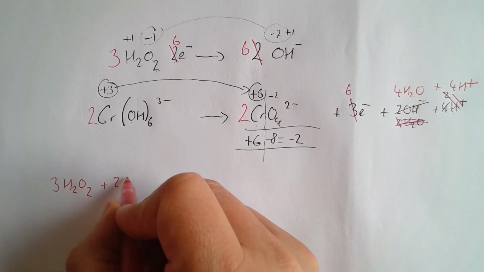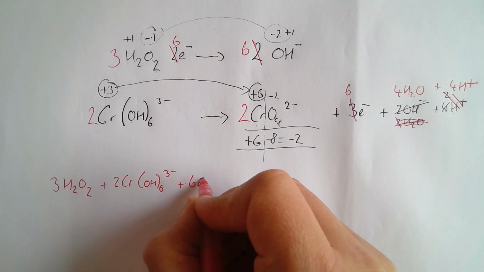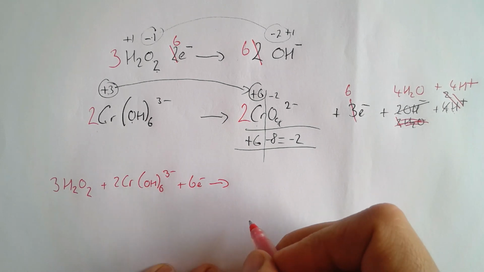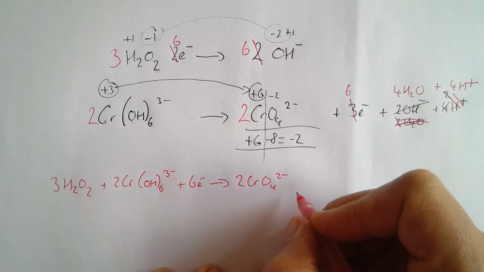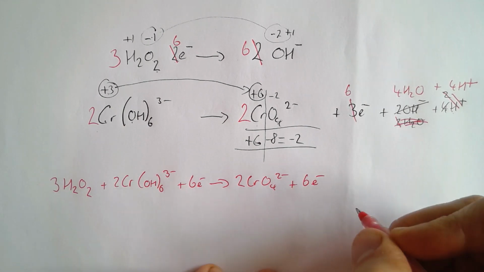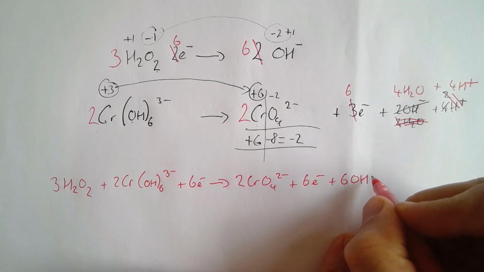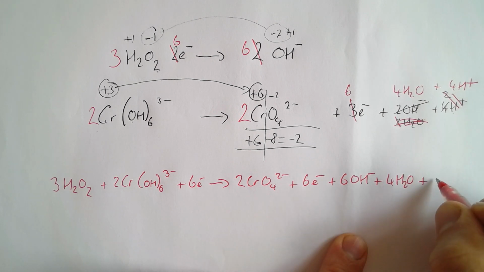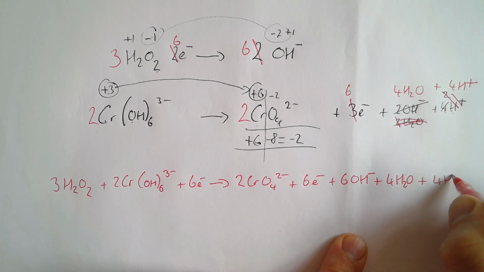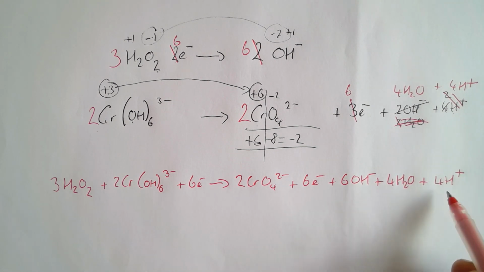I've got 2 moles of my chromium, and I've got 6 moles of electrons, which becomes, as we've said, 2 moles of chromate, 6 moles of electrons, 6 moles of hydroxide, 4 moles H2O, and 4 moles of H plus. So just sandwich them together.